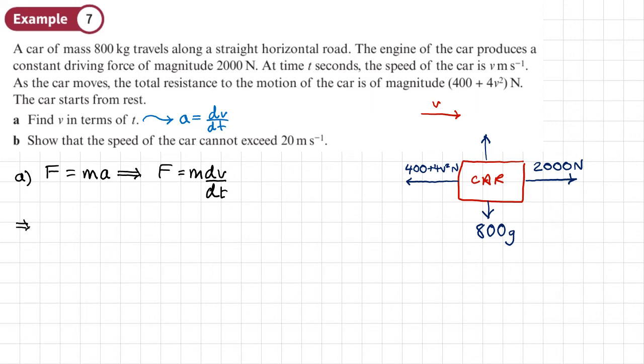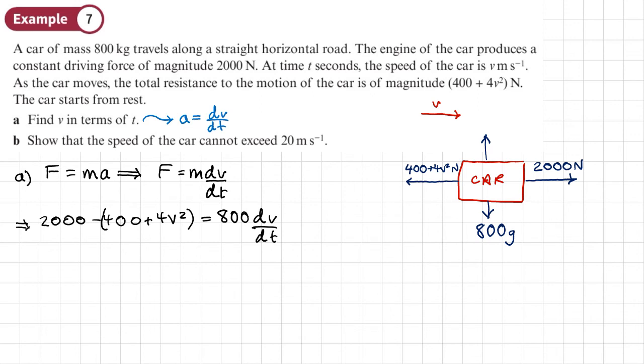Right, so let's do that. The resultant force is, this is the direction of motion to the right, so it's going to be 2000 minus 400, put it in brackets, plus 4v squared. That's my resultant force, F, and that's going to equal 800 dv/dt.